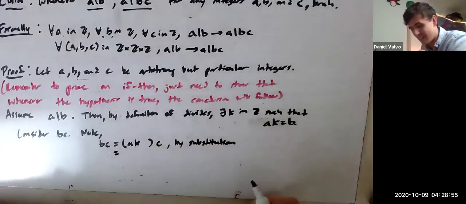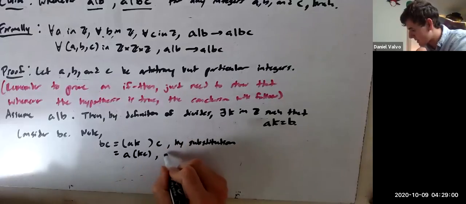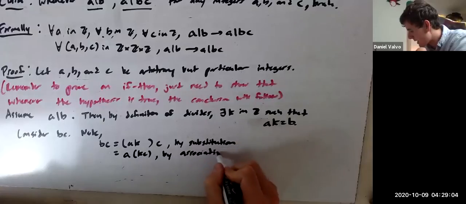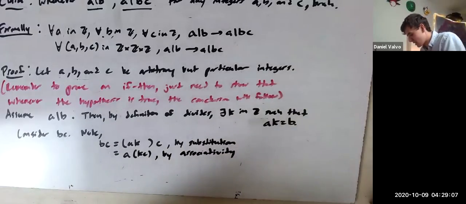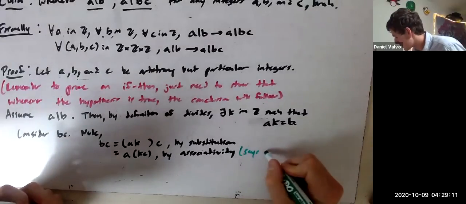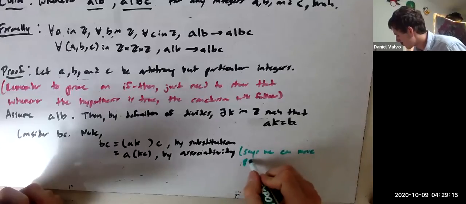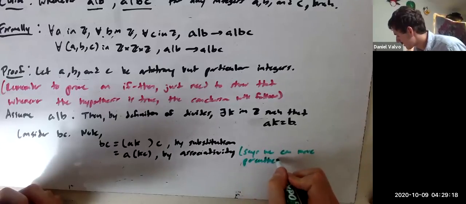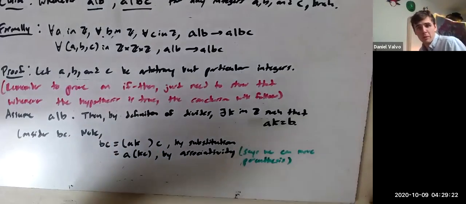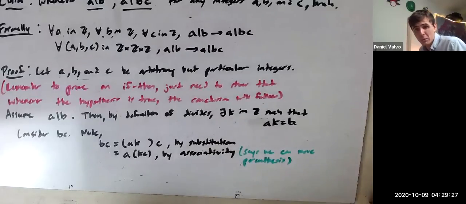And now we're almost done. This just equals A times KC by associativity. And associativity, remember, says we can move parentheses, which we know is true with the real numbers and multiplication. And by the way, it has to be the same operation we're doing, right?